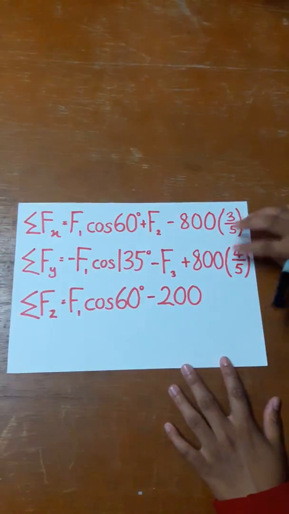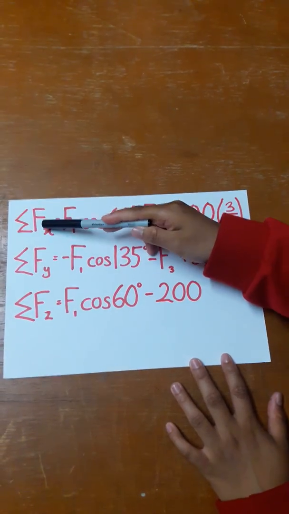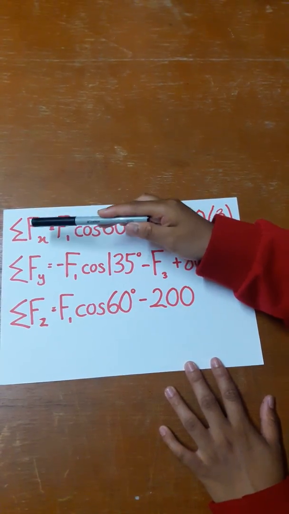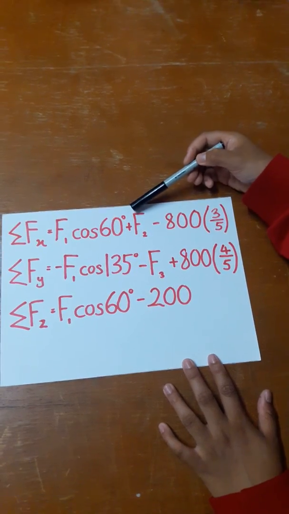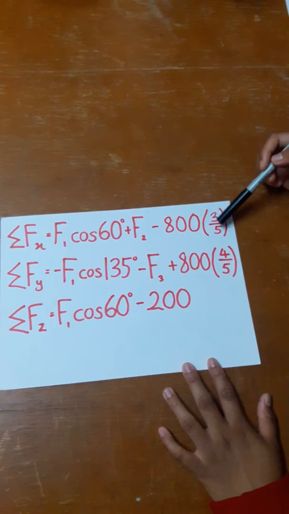So from all of the forces, we can form the equations of Fx, Fy, and Fz. For the sum of Fx, we have F1 cos 60 degrees plus F2 minus 800 times 3/5.